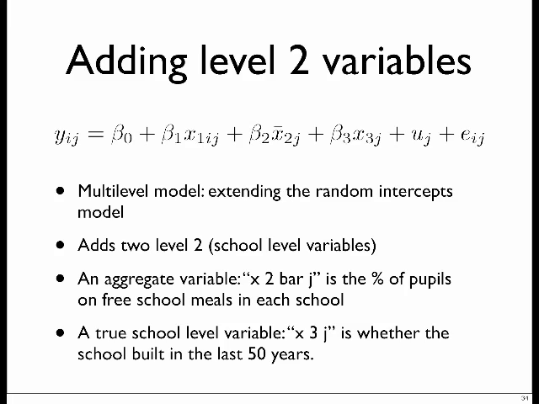So you can add information at the pupil within school level, this IJ level, or, in this case at the school level, it's just got a J subscript here to represent that. So don't worry if you don't get the algebra straight away, but you get the idea, hopefully, that you can add information at different levels that you allow for in the model.